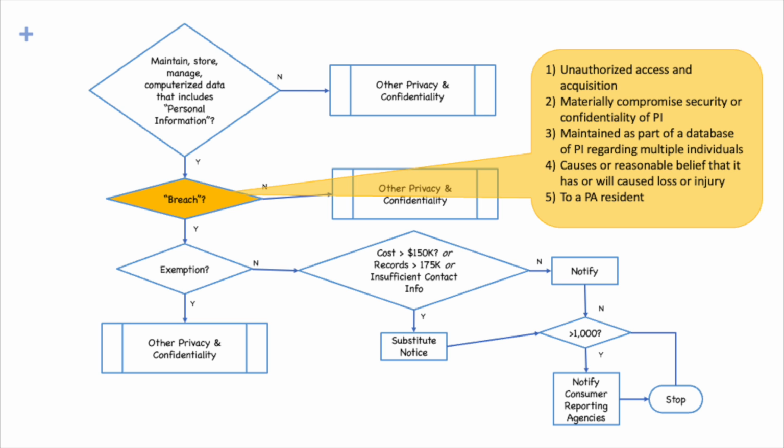Lastly, in Requirement 5, we understand that it is only the personal information of Pennsylvania residents that the Act is interested in. A resident of PA is any individual whose principal mailing address, based on the computerized data itself, is in the Commonwealth of Pennsylvania.